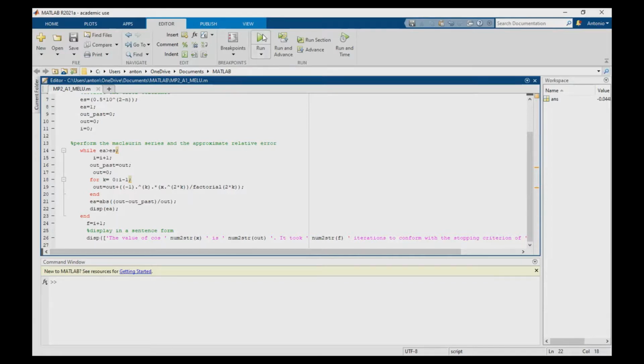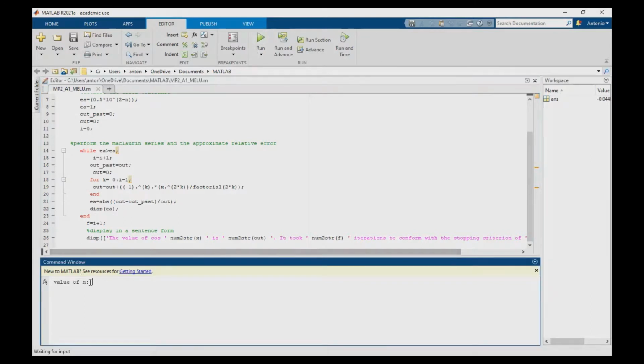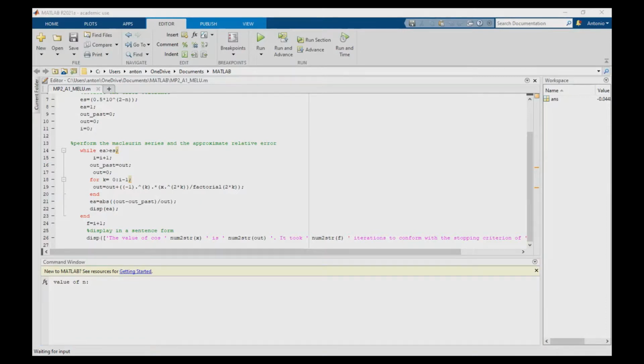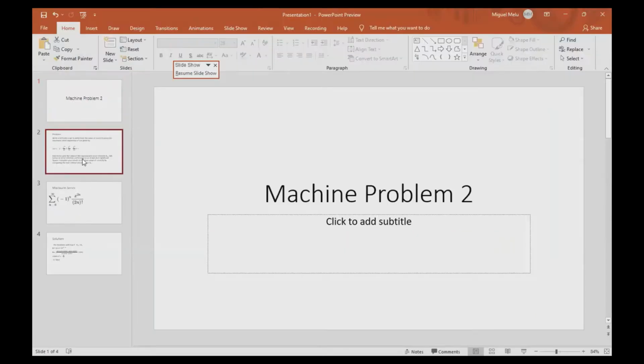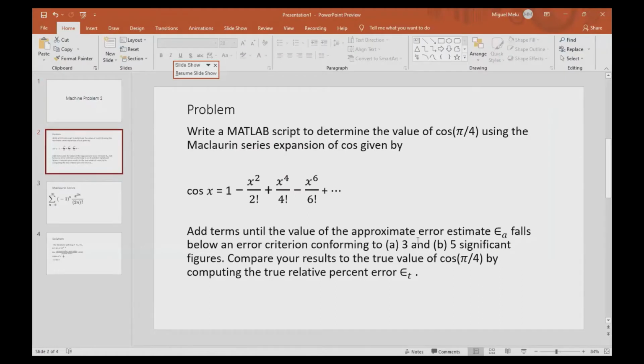So let us run it. The value of n will be 3 and 5, and the value of x will be pi over 4.